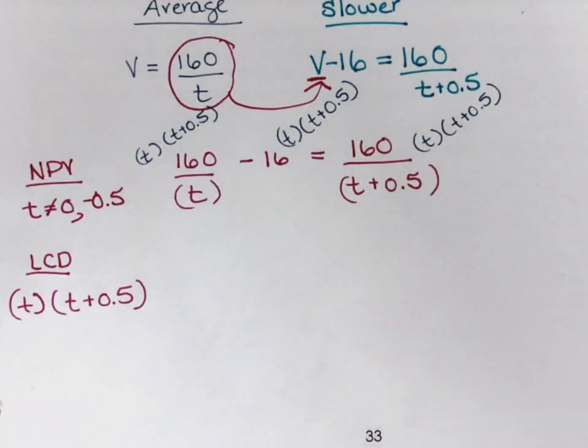Don't we always use the T only for the lowest common denominator, or do we use everything at the bottom? Well, because the T plus 0.5 is its own set, just like when we did the one on the board, the H minus 2 and the H plus 3.